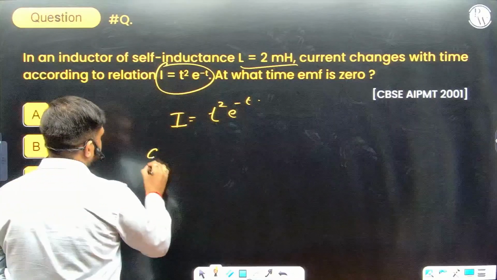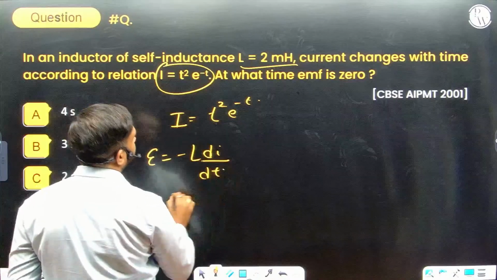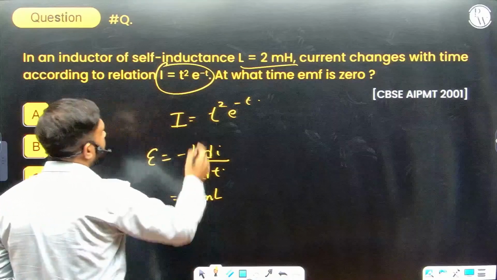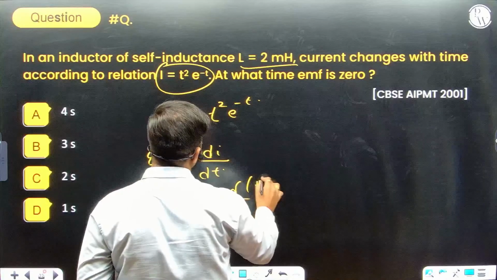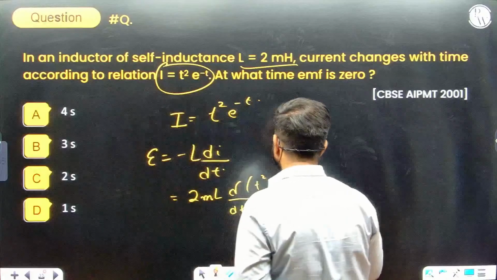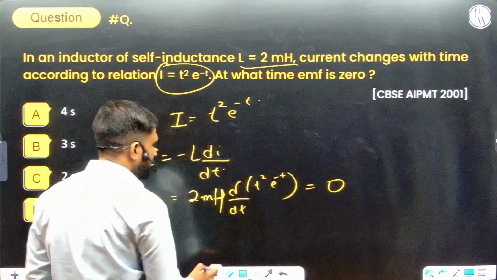So I'll write this EMF as minus L di by dt. L is 2 millihenries, minus sign is fine, and di by dt I'll differentiate. So differentiation of t square e to the power minus t, apply the product rule and equate it to 0. This 2 millihenry we can easily remove, not an issue.